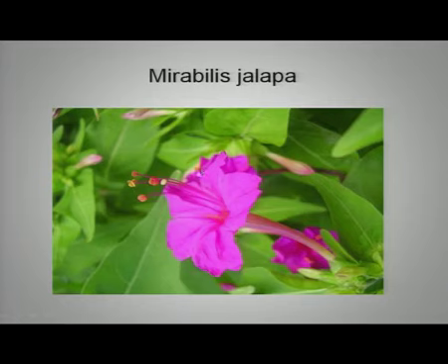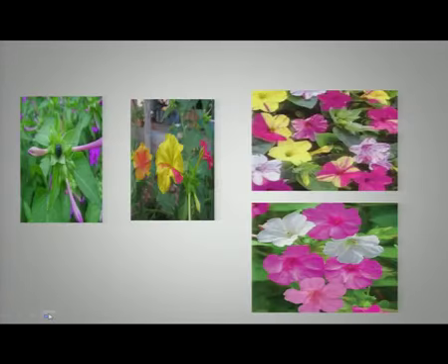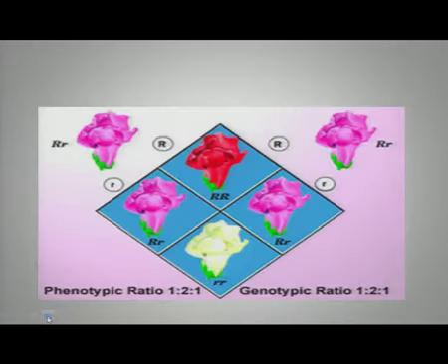Here I will show you the Mirabilis jalapa plant, commonly known as 4 o'clock plant. Different varieties are available, in different colors. This is Antirrhinum majus, dog flower.